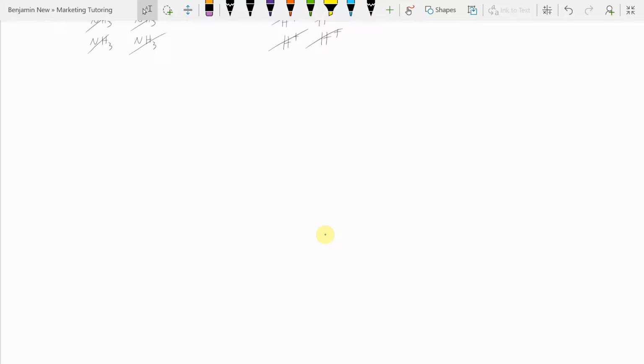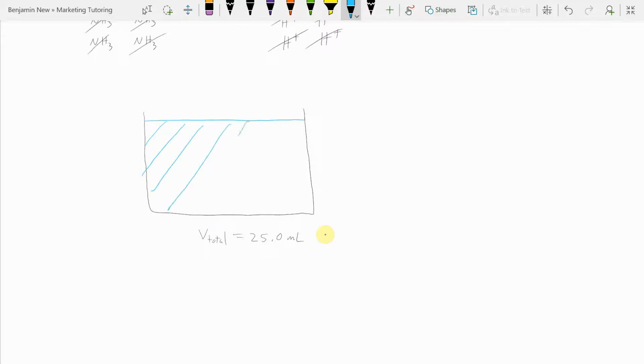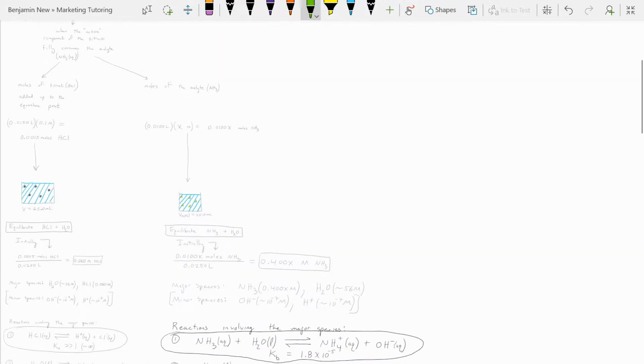So the next step is then writing the total volume, which is still 25.0 milliliters. And inside of here, we have our major species, so let's remember what those were.